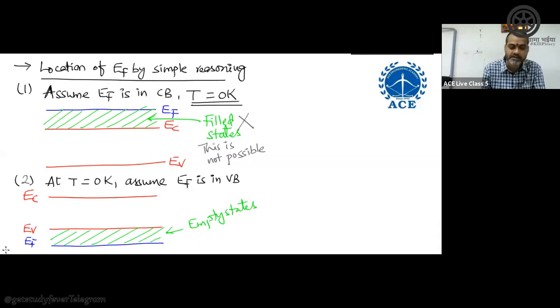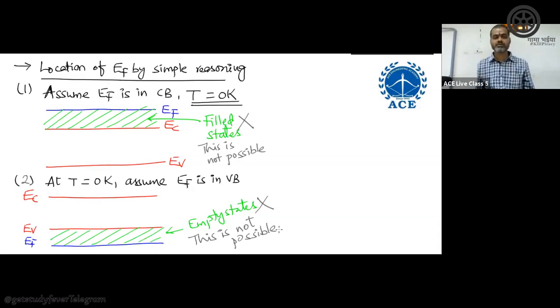But is it correct physically? We know at absolute zero in an intrinsic semiconductor, the valence band is completely filled and the conduction band is completely empty. So this is also not possible. Both the conditions we have assumed are not possible physically.